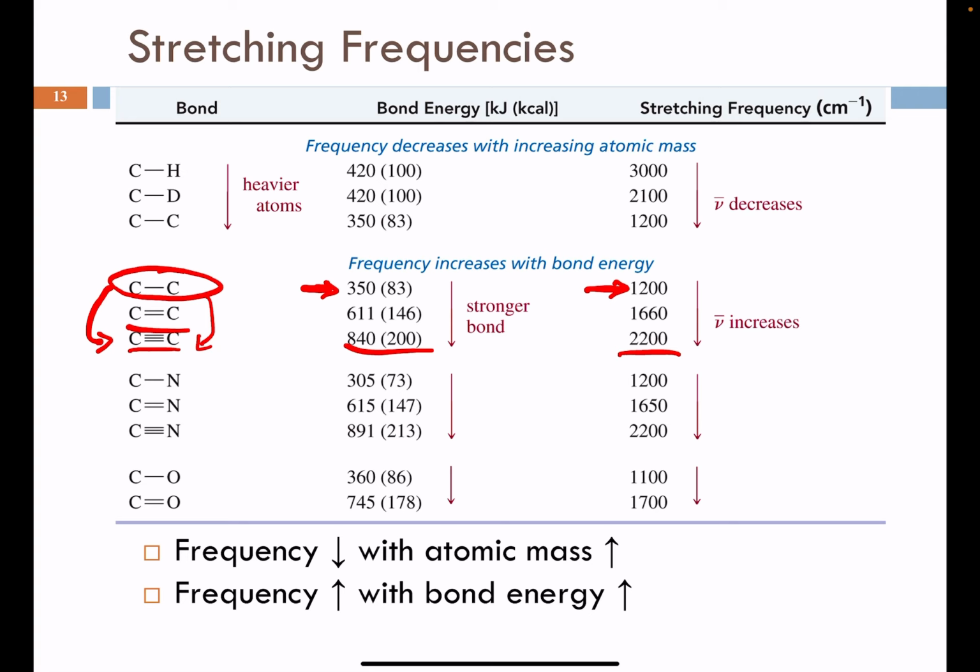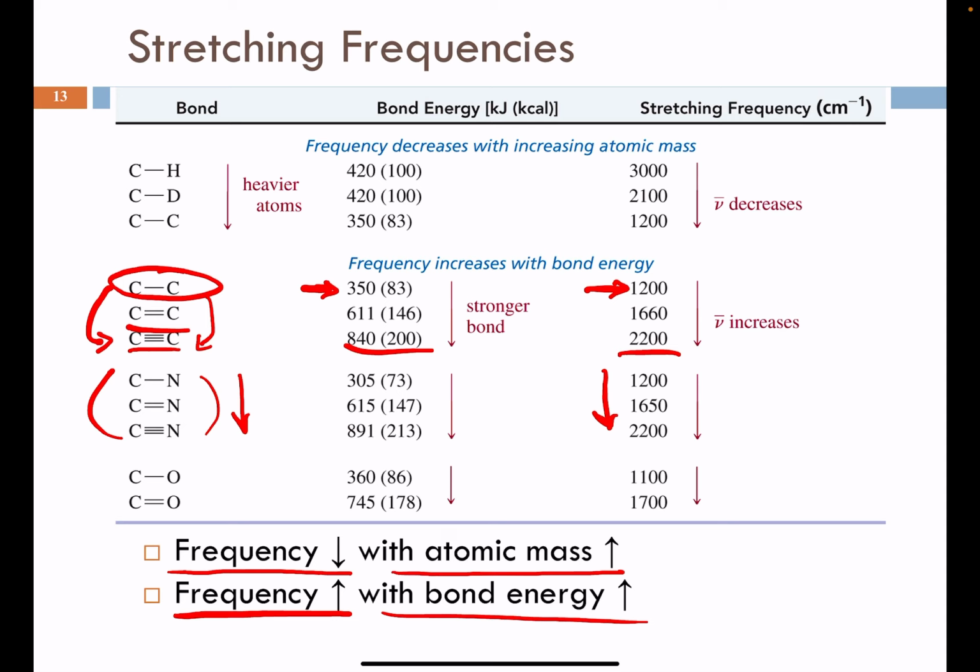Okay. And the same series can be seen in a heteroatom case where we tether carbon and nitrogen together with single, double, and triple bonds, and the trends are validated there as well. As we go to stronger bonds, we're going to have higher frequency for those features in the IR spectrum. So in sum, frequency will decrease with the atomic mass increasing, or frequency will increase with the bond energy increasing.